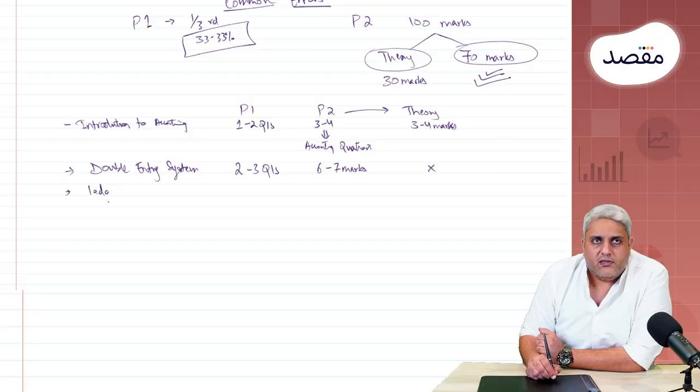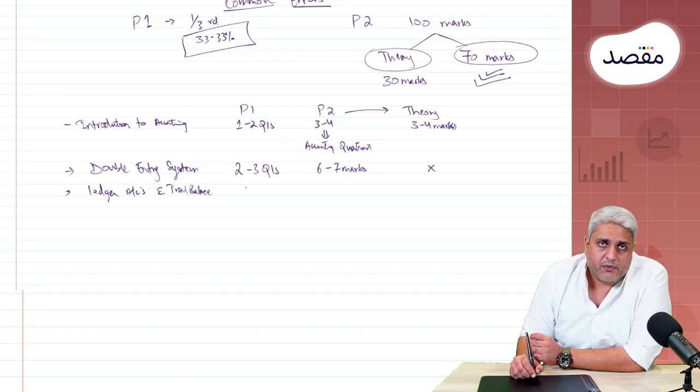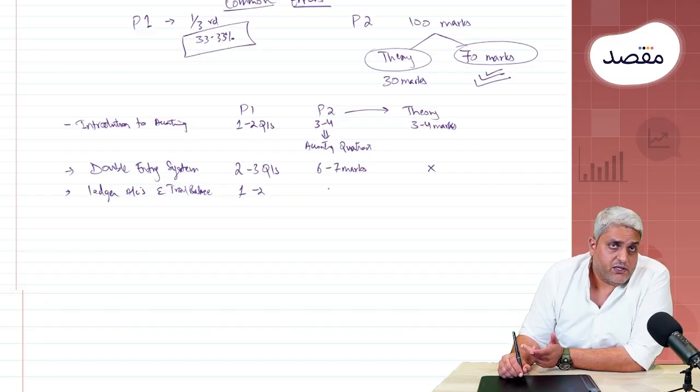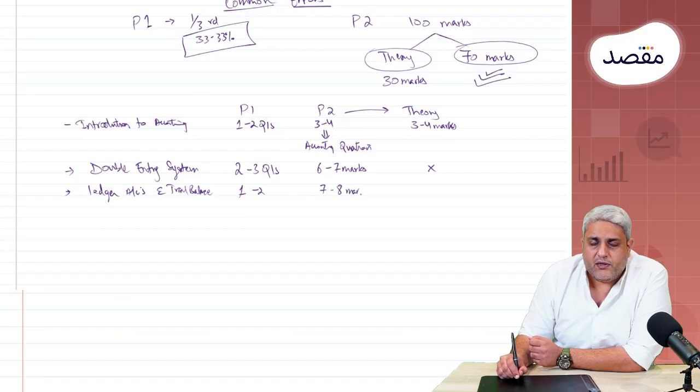The next is ledger accounts and trial balance. Maybe 1 to 2 MCQs in this. If you're lucky, because these all are easy topics, 7 to 8 marks, they might ask you to make a trial balance.